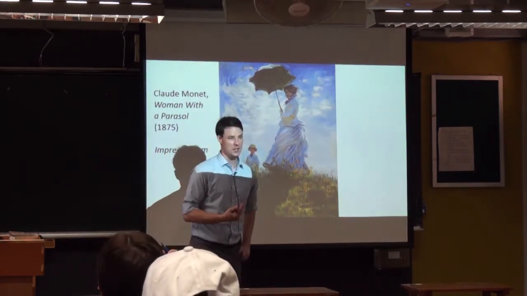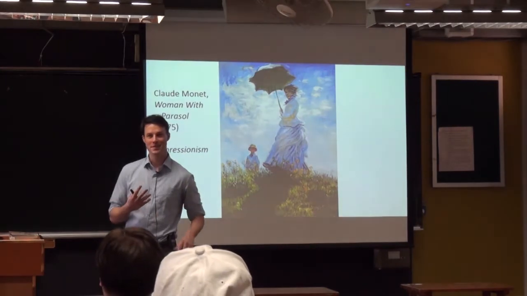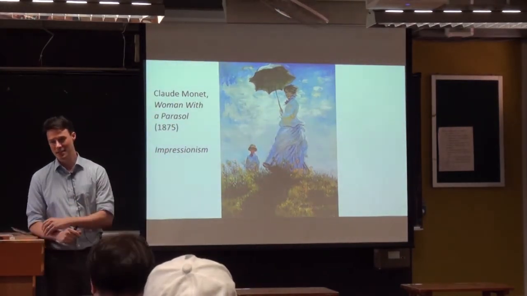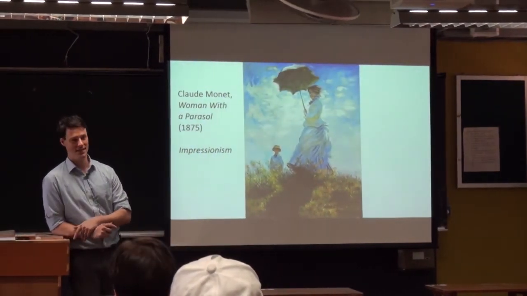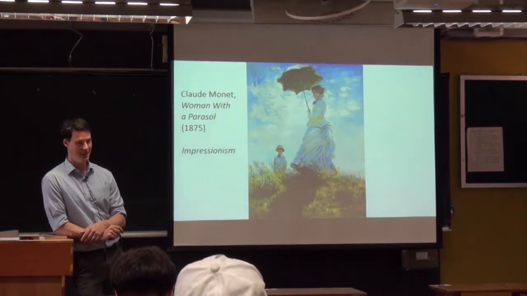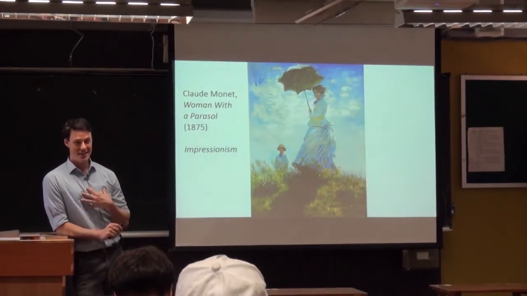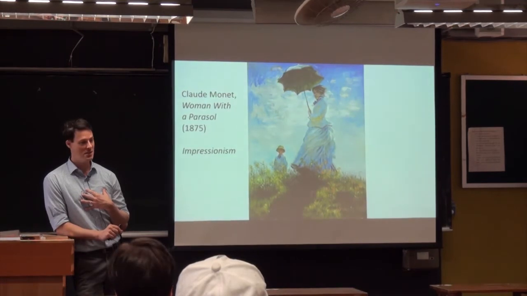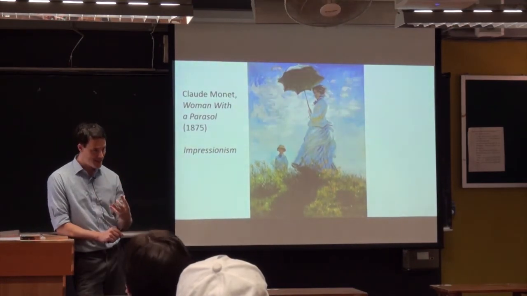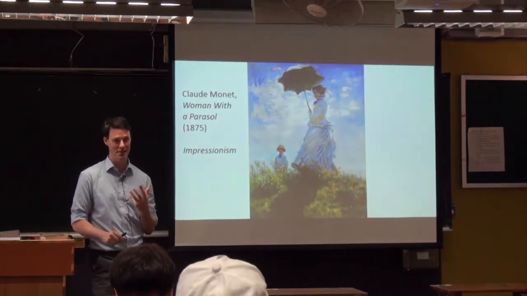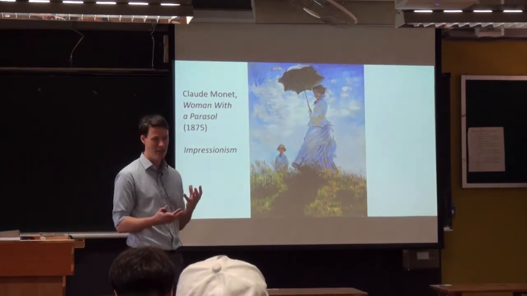So what do the colors of this painting suggest or tell us about the meaning of this painting? Again, I think that this painting uses a lot of really bright, powerful colors, especially the blue and the yellow.